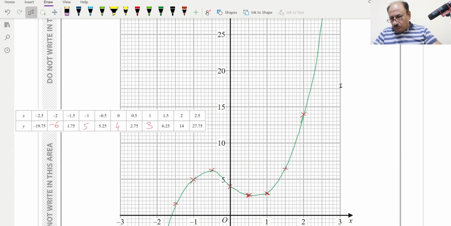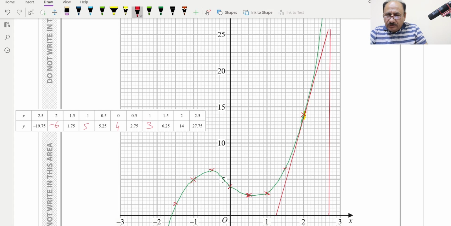X is equal to 2 will be this point. I need to take the color differently, like this one, and this will be over here. It should touch only this point, and this will be the gradient.